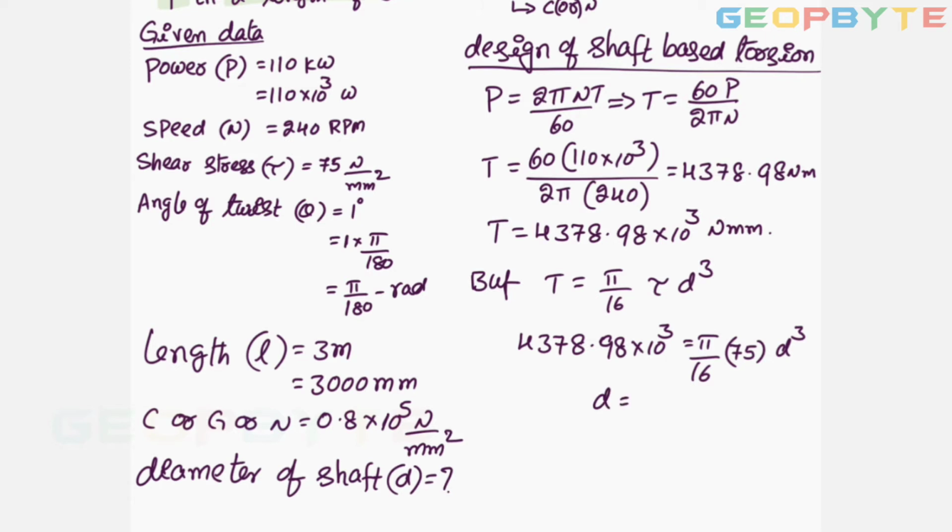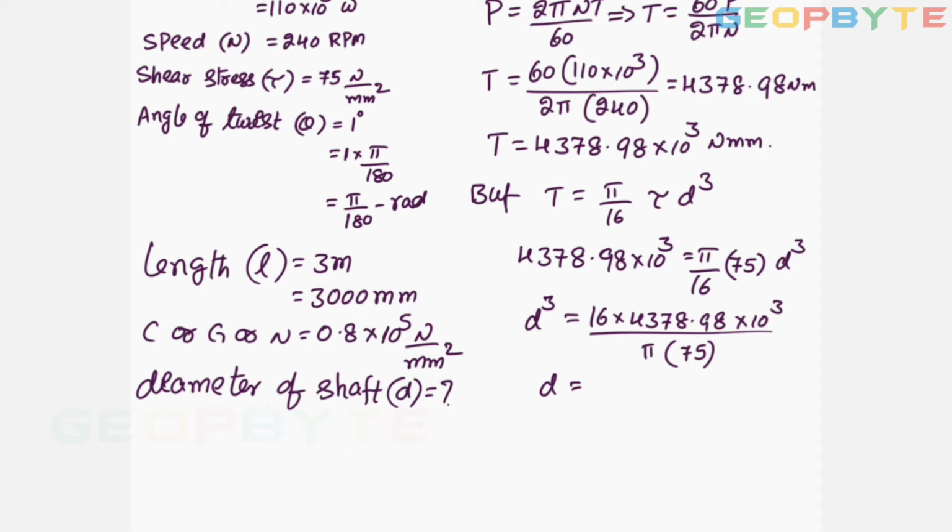From this you can get the diameter of the shaft. D cube equal to 16 into 4378.98 into 10 raised to 3 divided by pi into 75. From this, suitable diameter D equal to 66.74 mm.